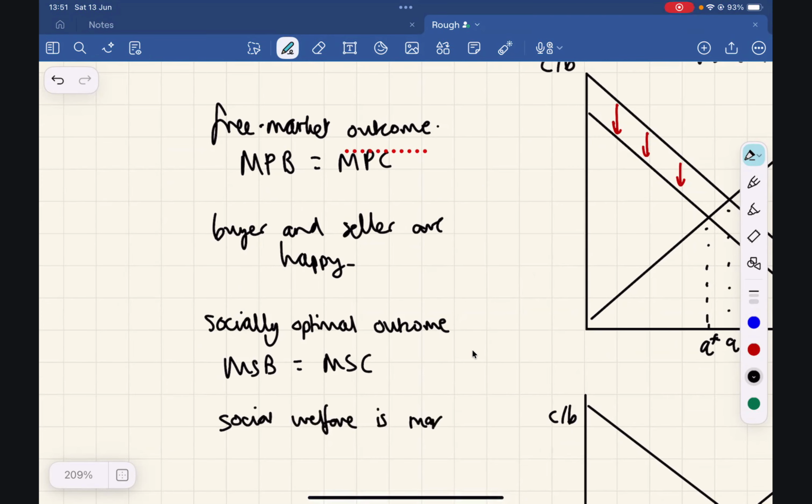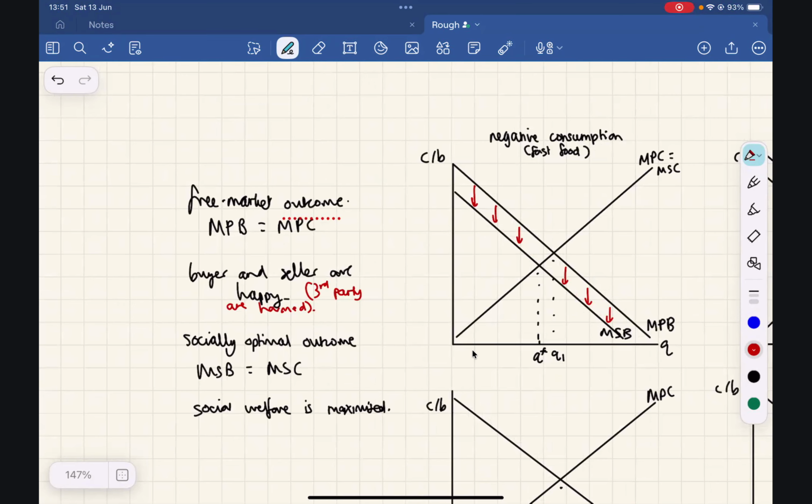In other words, the combination of the buyer, the seller, and the third party, so society as a whole, they are happy, not just the buyer and the seller. So here, the third party are harmed. Okay, because remember, externalities are the spillover effects from a transaction on a third party.